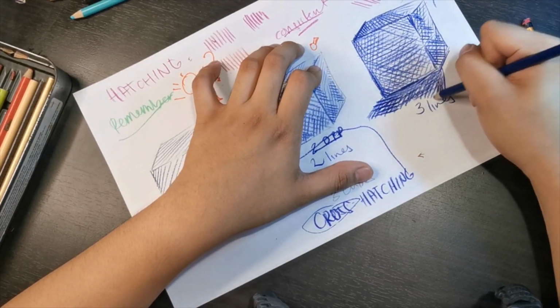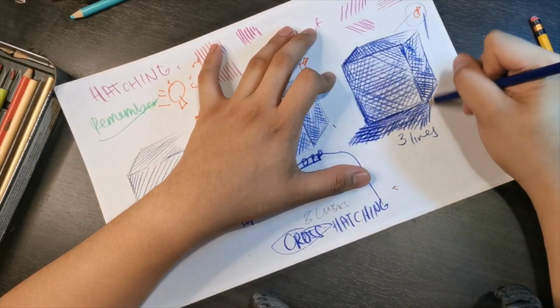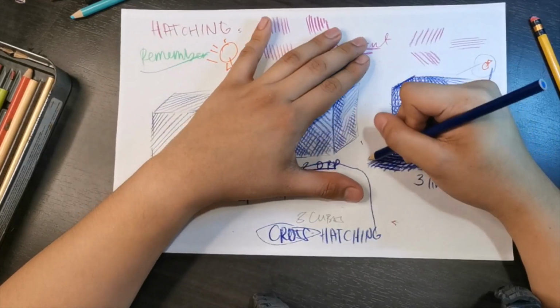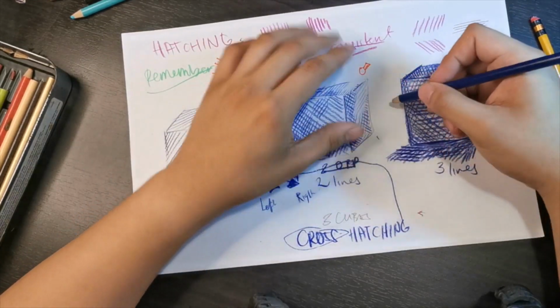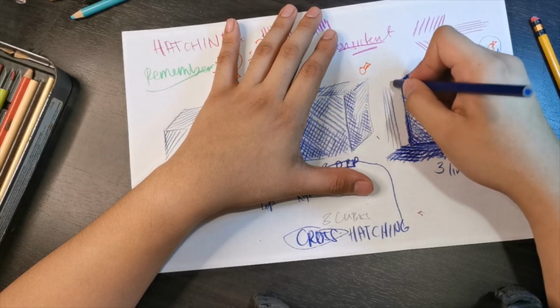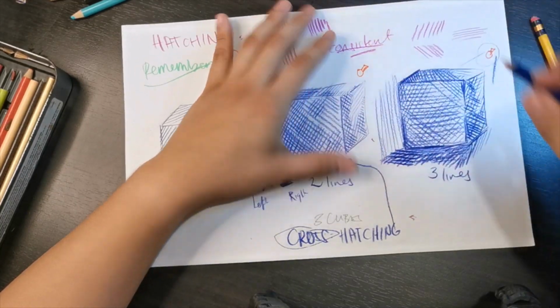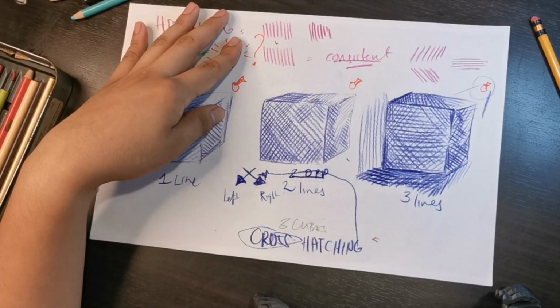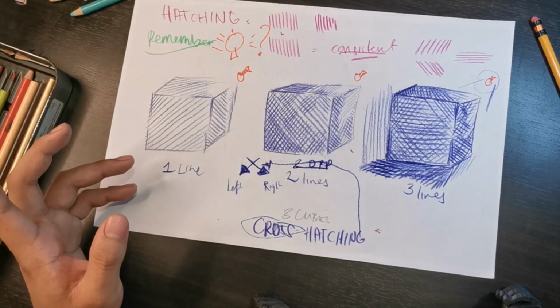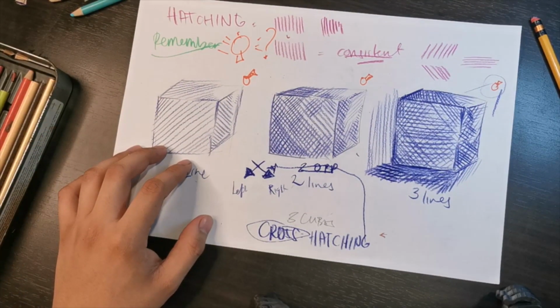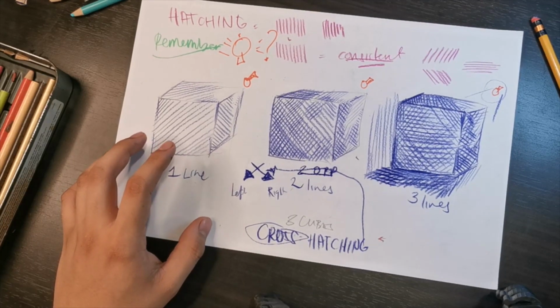Okay. Now, basically that's how you render using basic lines lang, di ba?